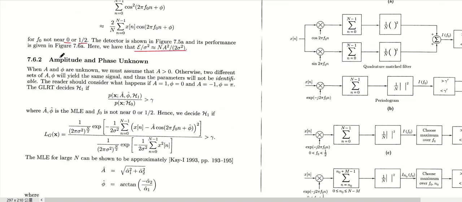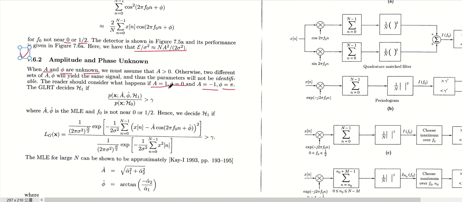Then, amplitude and phase unknown. When A and phase are unknown, we must assume that A is larger than 0. Otherwise, two different sets of A and phi will yield the same signal, and the parameters will not be identifiable. The reader should consider what happens if A is equal to 1 and phi 0, or A is minus 1 and phi minus pi. In fact, they are the same thing.